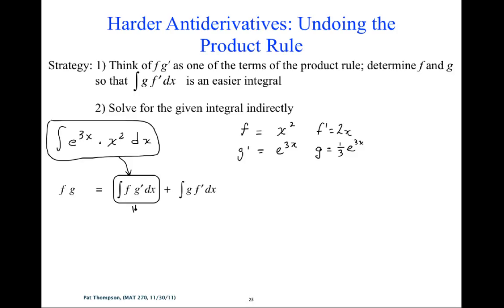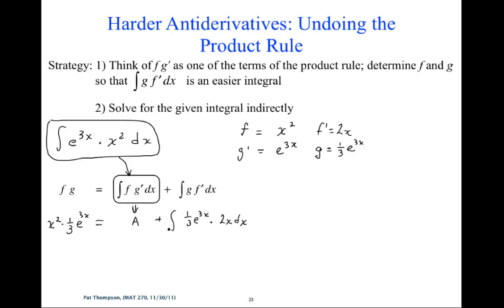So this is f times g, plus the integral, what's g? 1/3 e to the 3x times f prime, equals f times g: x squared times 1/3 e to the 3x.